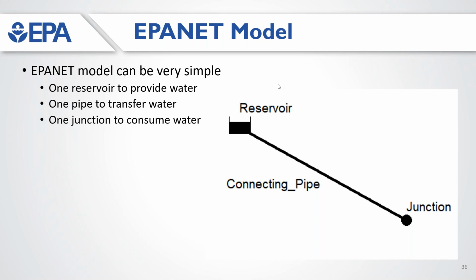So you can build a very simple network by adding a reservoir with enough high elevation. Then you add one junction and assign some demand, and you connect these two nodes with a pipe, and you can run the simulation. You can see the hydraulics results. You can see the flow in the pipe. You can see the head at the junction.